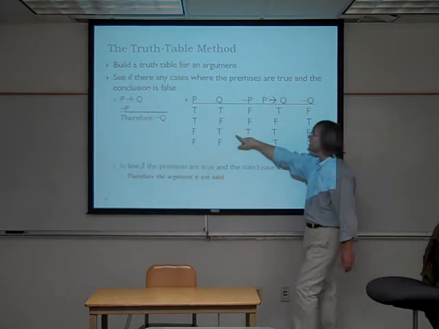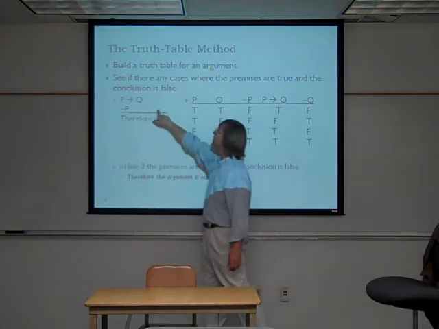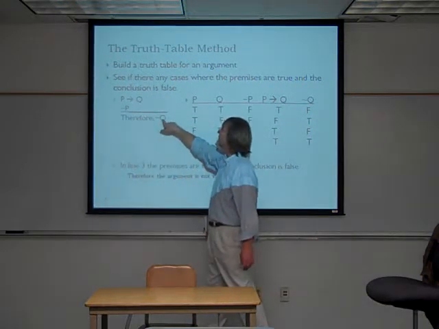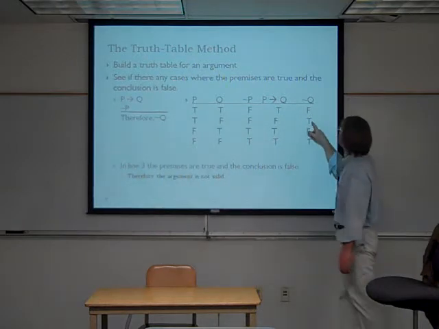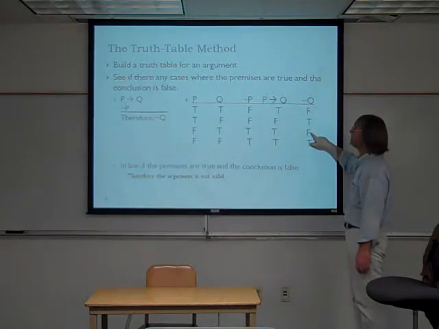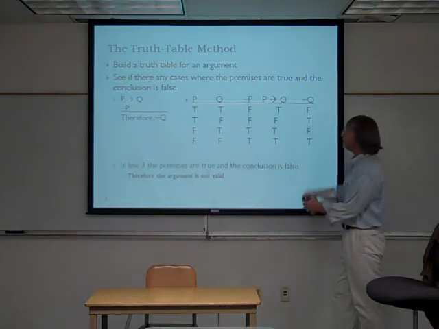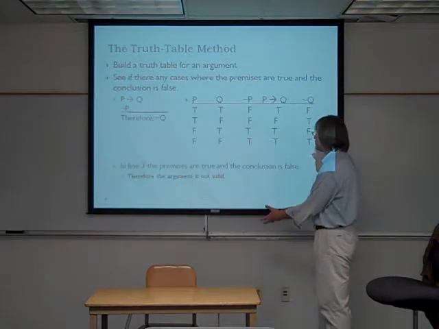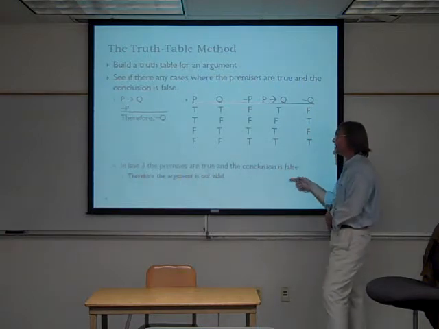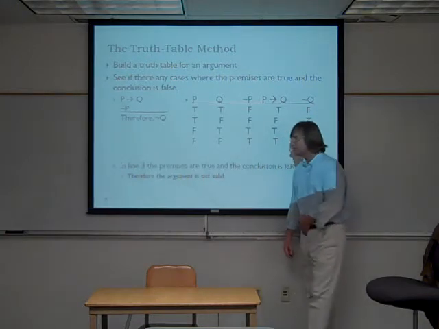Can you see in this line that these two premises are true, but not Q is in fact going to be false in this line. And so when we can prove in the truth table that the premises are true and the conclusion is false, we have in fact proven that the argument is not valid.